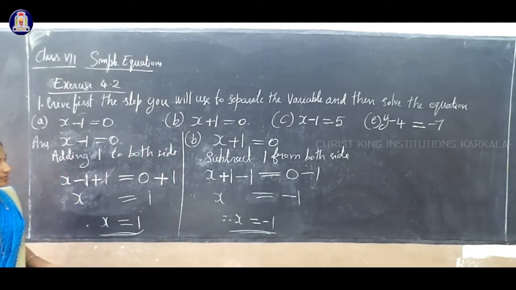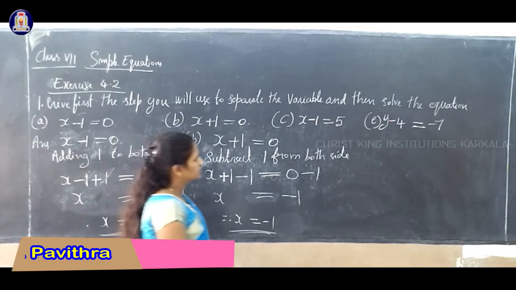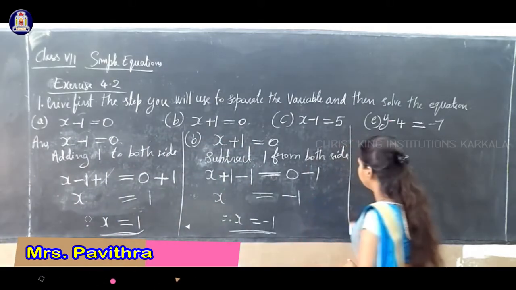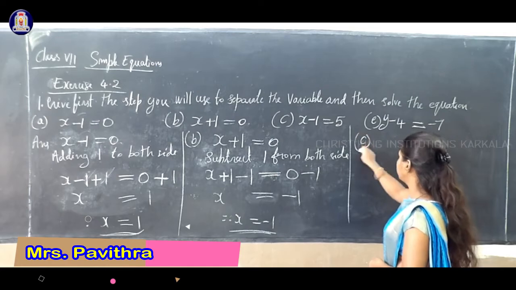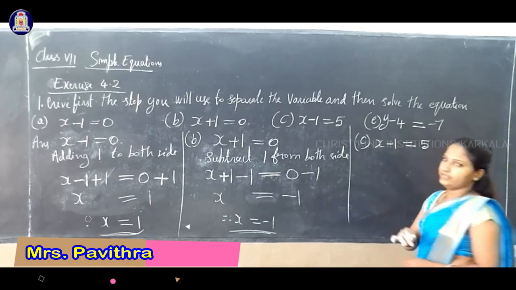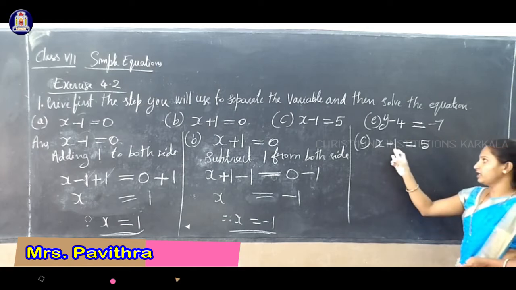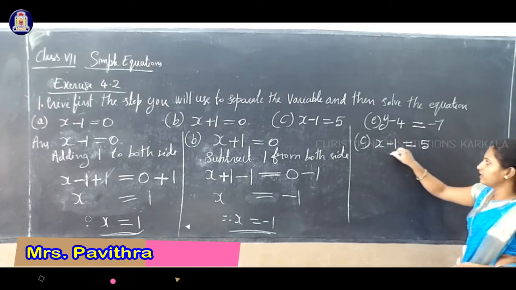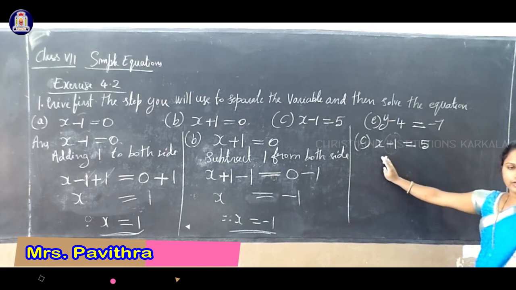Okay, now see the third question. Third question is x minus 1 is equal to 5. See the question, x minus 1. So we have to remove this minus 1, right? So what do we have to add?